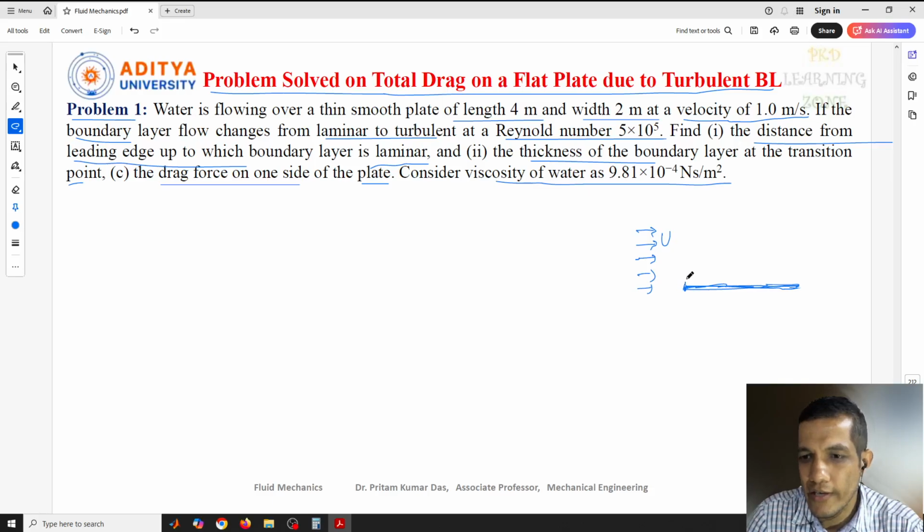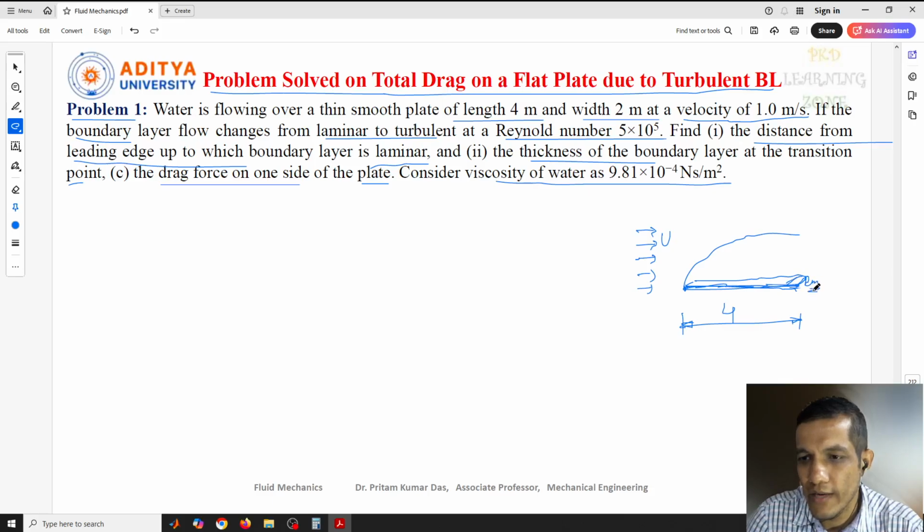Due to this plate, a boundary layer formation happens here. The length of the plate is given as 4 meter, and the width of the plate is 2 meter.